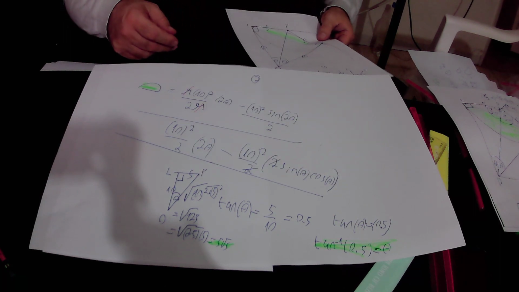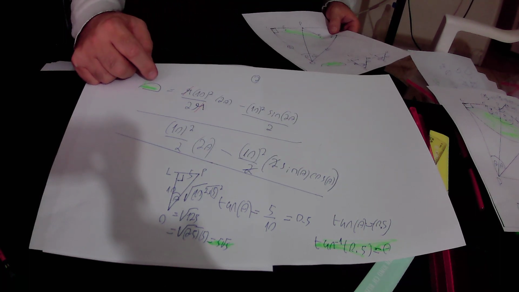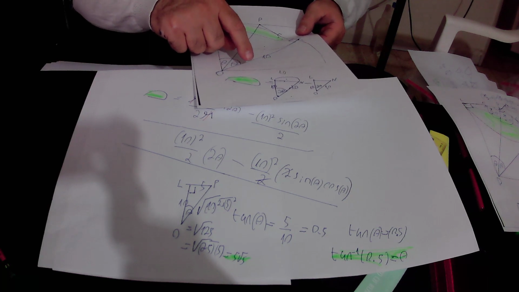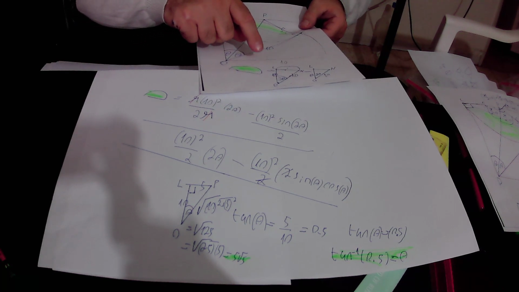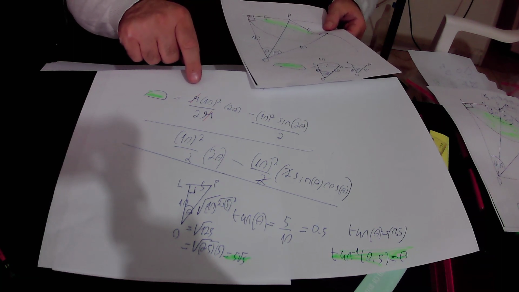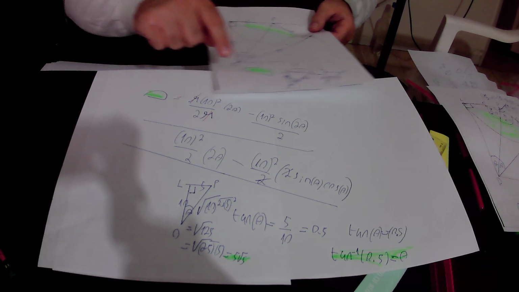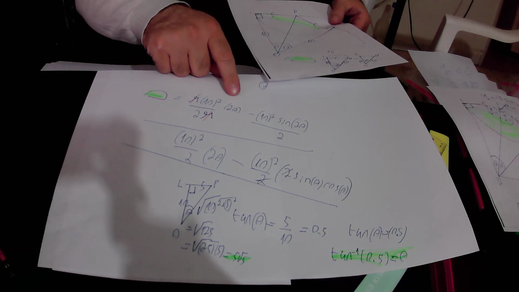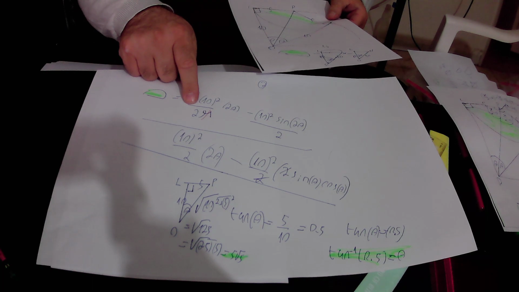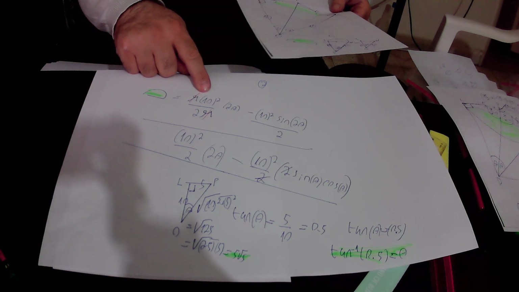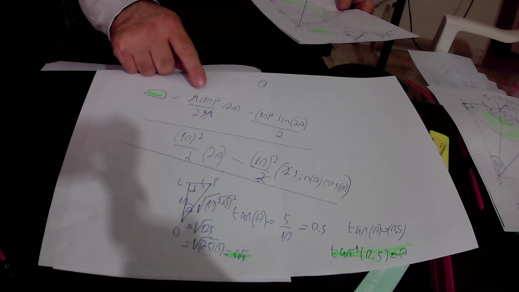And so here, the area of sector LNO equals 2 theta over 2 pi times pi r square, and r equals 10, so pi times 10 square.